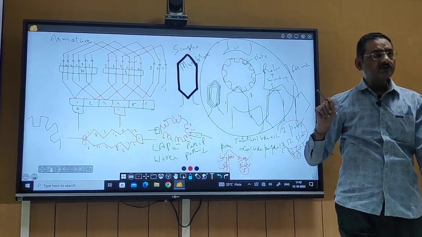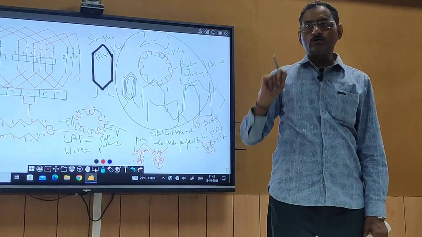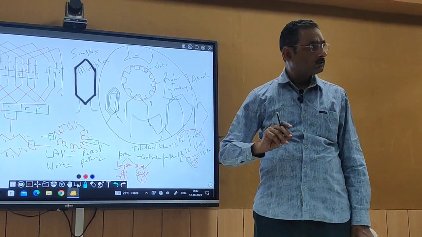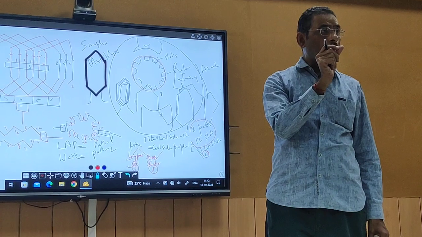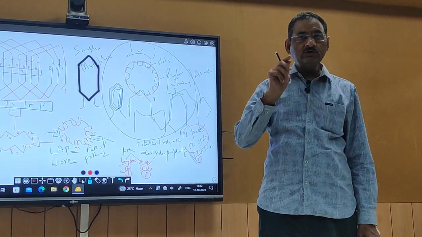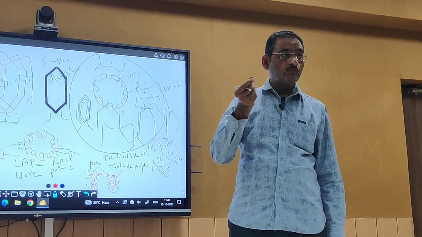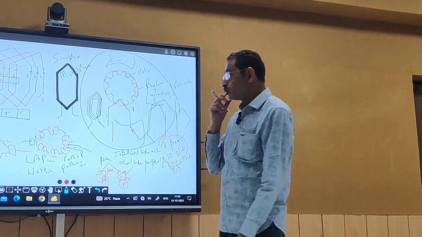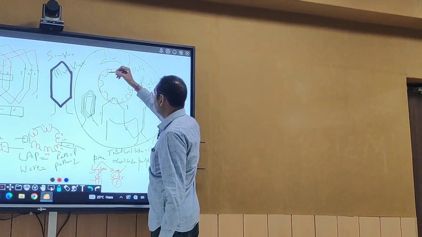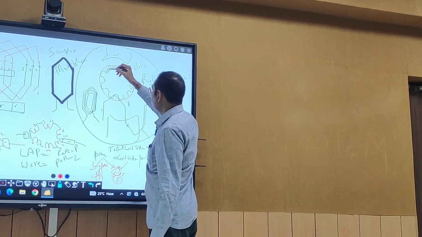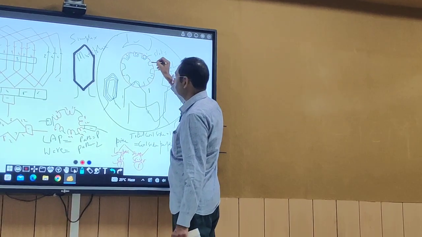In what we have described so far, in a slot there is one coil side, but each slot may have one coil side, each slot may have two coil sides, each slot may have more than two coil sides. So in the normal way, coil side number 1, 2, 3, ऐसे.